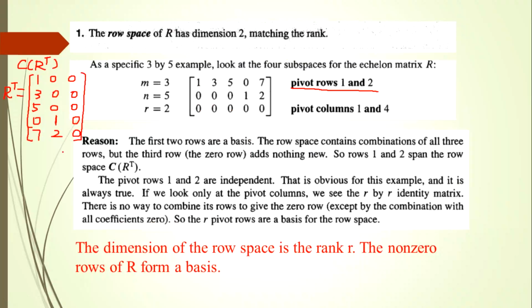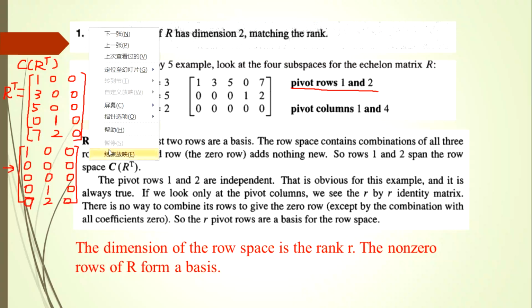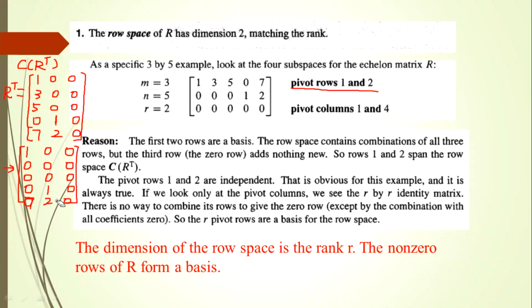Of course, this is not RRE form. We need to get the RRE form for this R transpose. The first row is the pivotal row, and we can get 0 rows below. 0 1 0, and this is 7 2 0 2 0, and with the fourth row we can get the last row also 0.